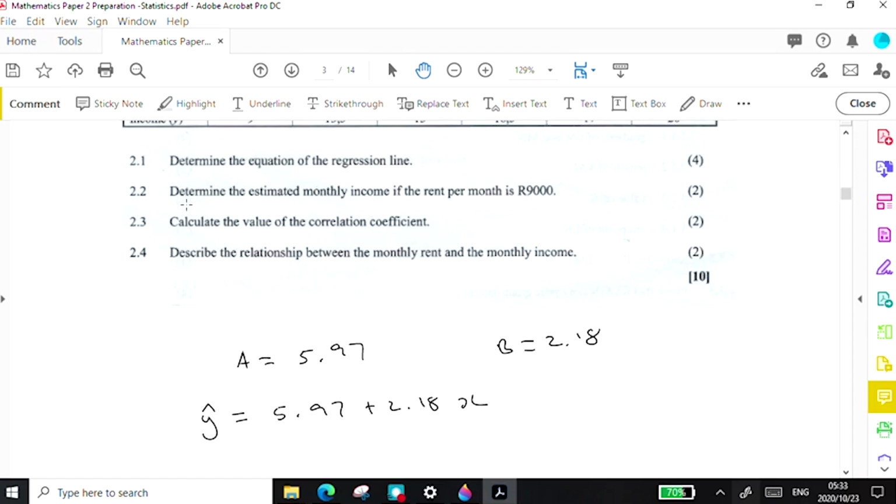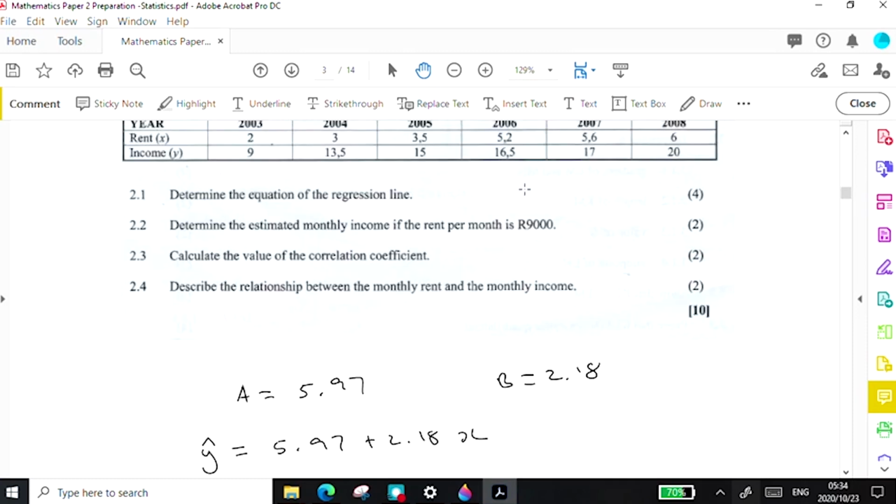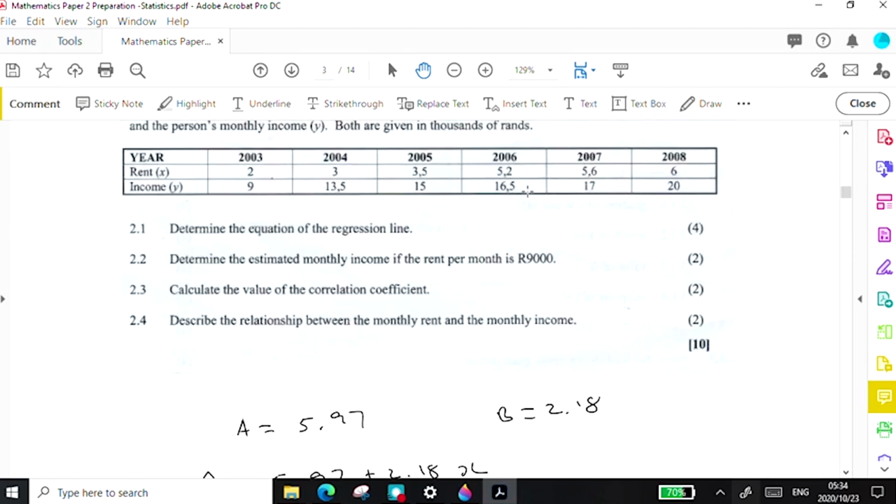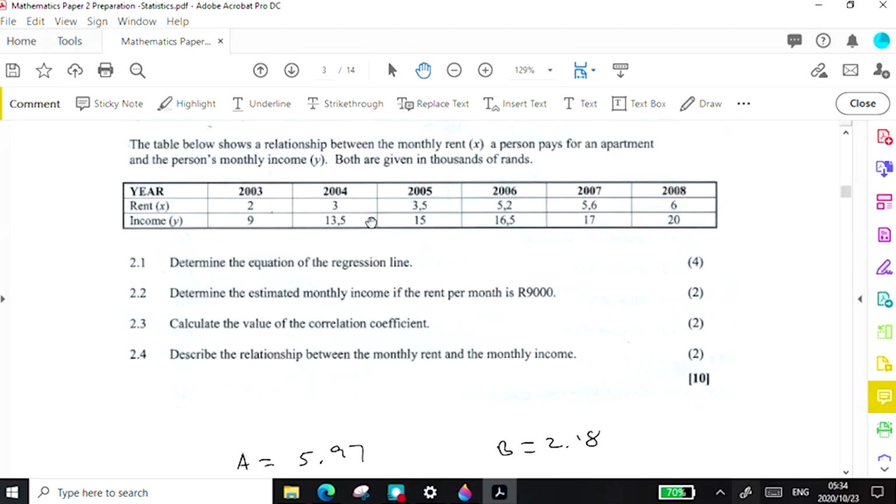Number 2, we want to estimate the monthly income if the rent per month is equal to 9,000. Now notice that our values are in 1 unit and this has 3 units. This is simply because these values are in thousands of rands.